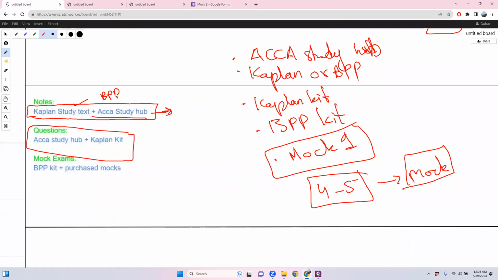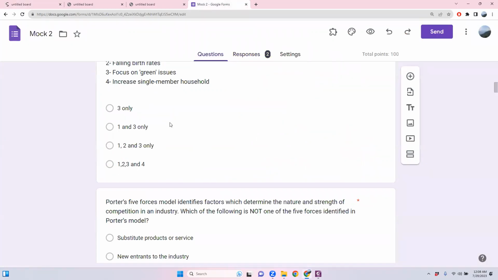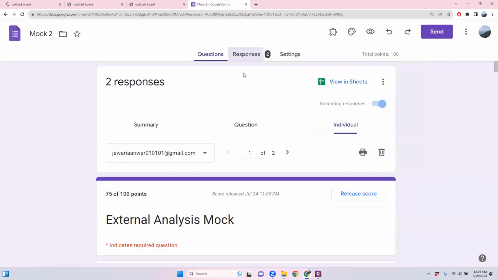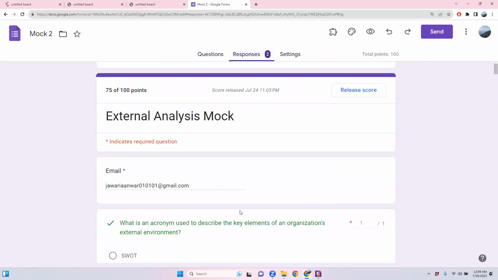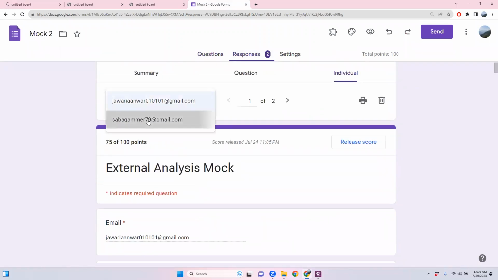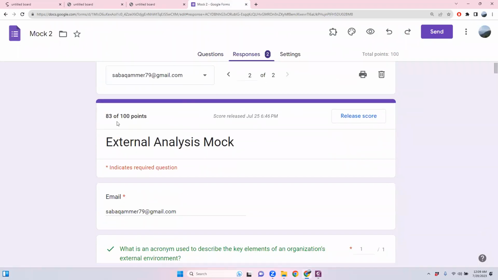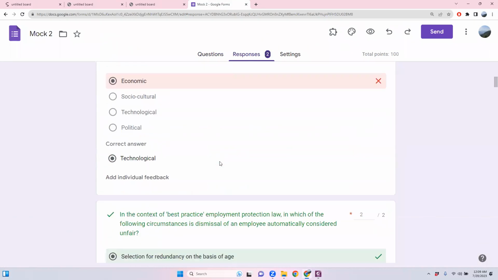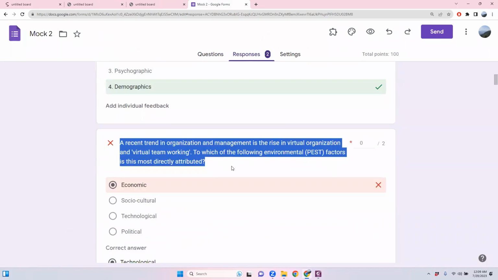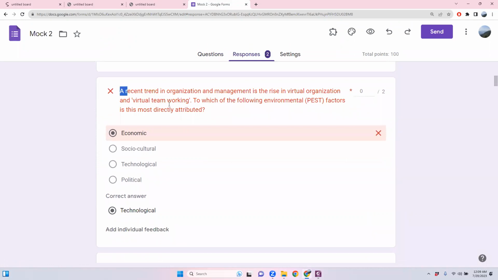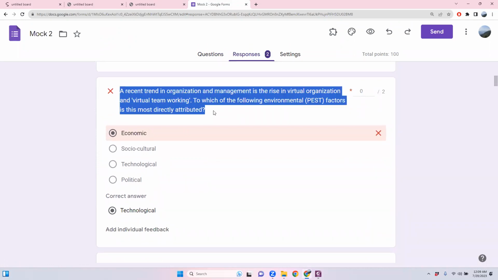These mock exams are prepared from the BPP kit, because we do not solve the BPP kit in class. We solve it through the mock exams. When you attempt it, we look at the responses that you got wrong. For example, here is one student who has already attempted a mock exam. From the notes she prepared, she got 83 marks in this mock exam. Where there is an error, where you have not done an MCQ right, we make you understand where you were wrong.